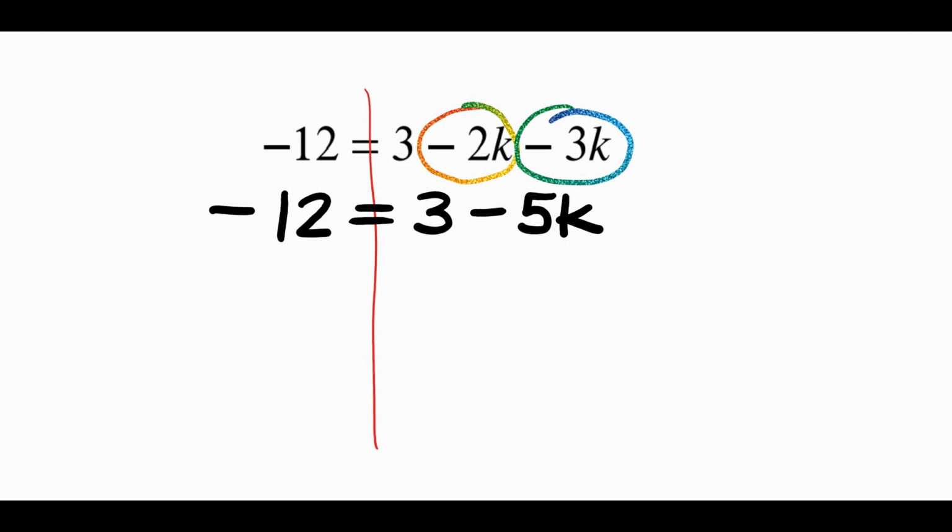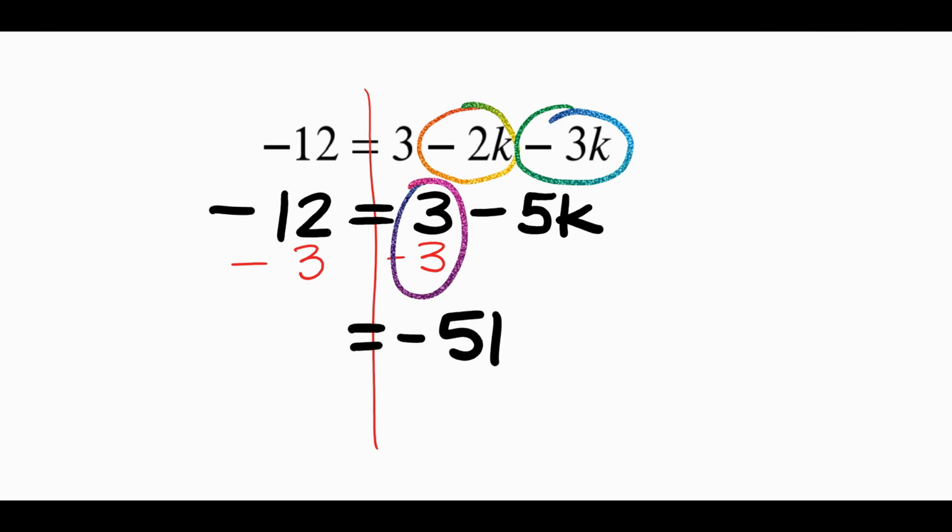Right now, I can't combine my negative 12 and my 3 until they're on the same side of the equation. So I'm going to do the inverse of a positive 3, which is a negative 3. So I will subtract 3 from both sides. And I have a 0 pair on this side. And I also have my negative 5k. Don't forget that 5k is negative.